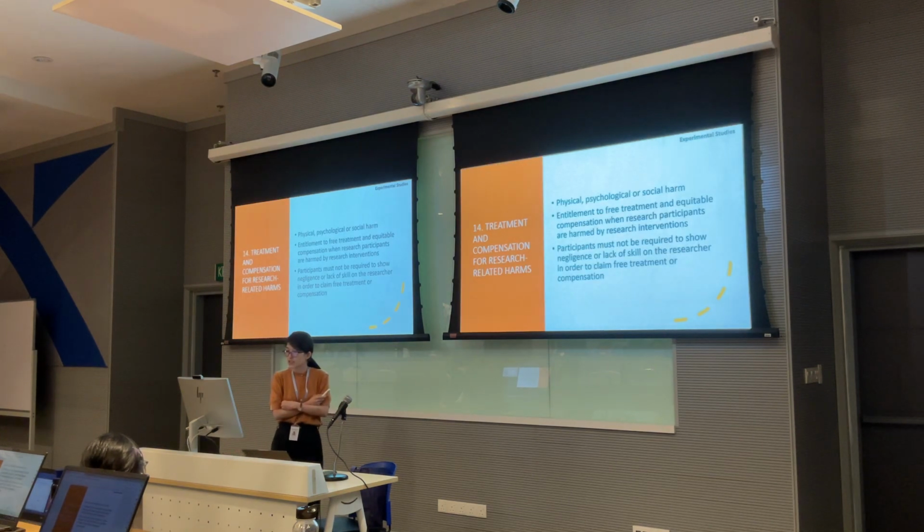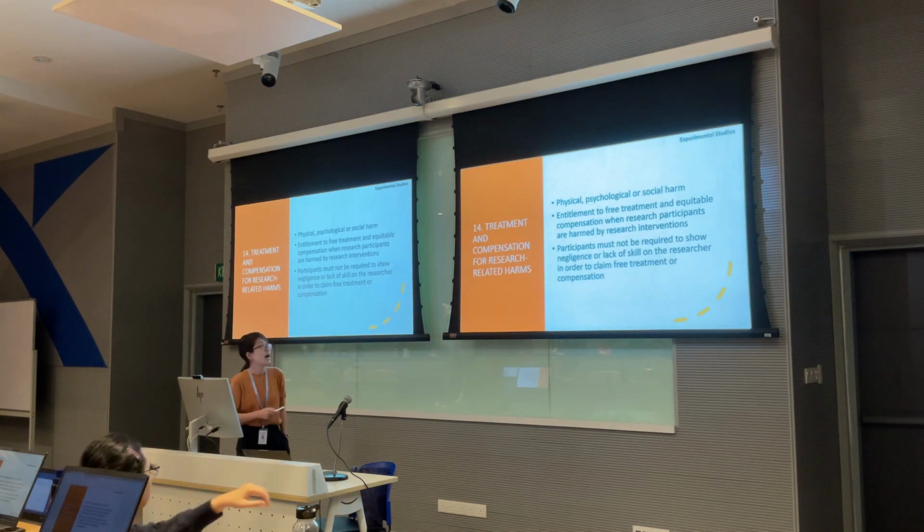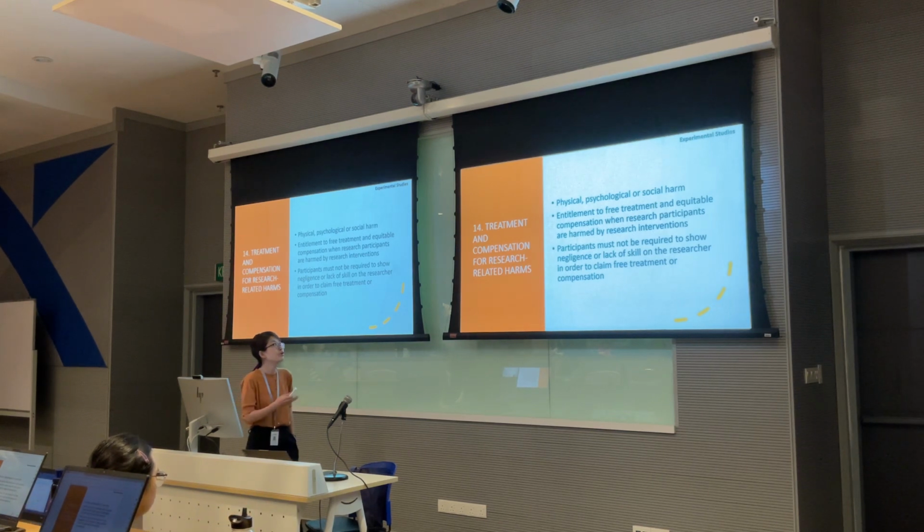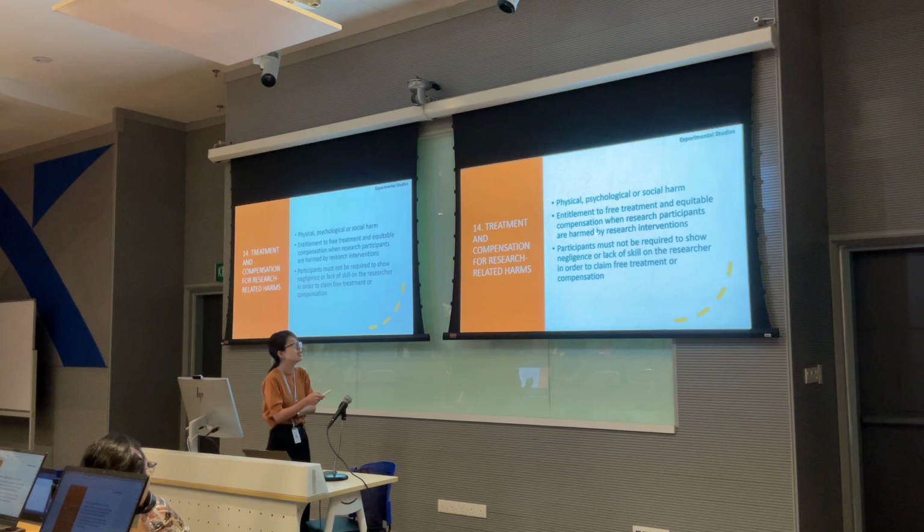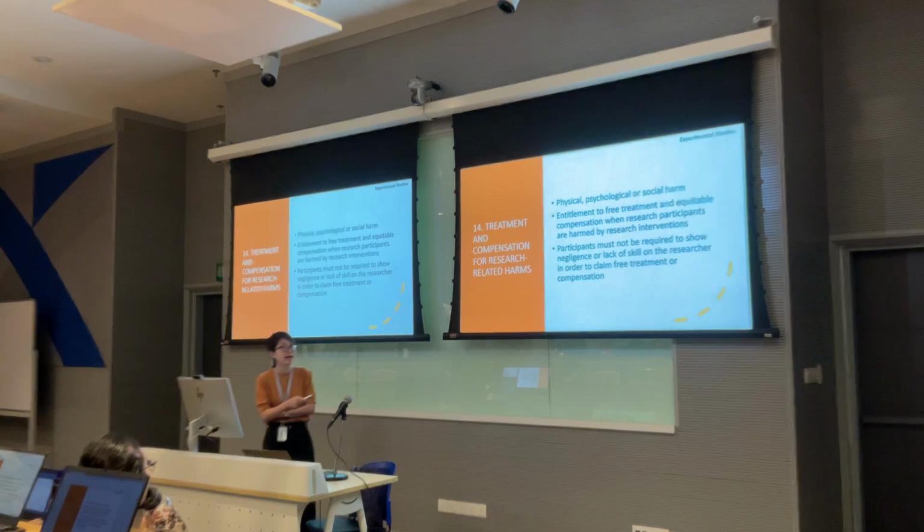Last one, we have the treatment or compensation for research-related harm. Any research participant who suffers physical, psychological or social harm is entitled to get some compensation. You may request free treatment or equitable compensation from your research participants who are harmed by your research.